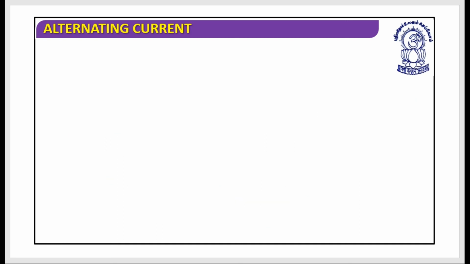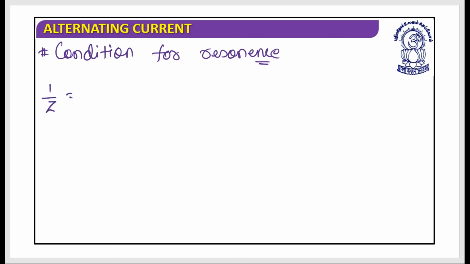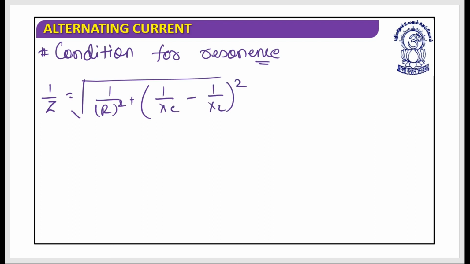So now let's check the condition for resonance. 1 by Z equals the square root of (1 by R) whole square plus (1 by XC minus 1 by XL) whole square.